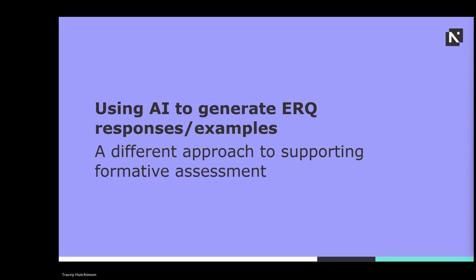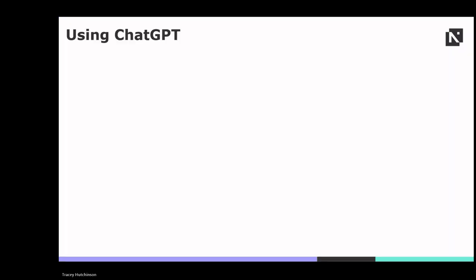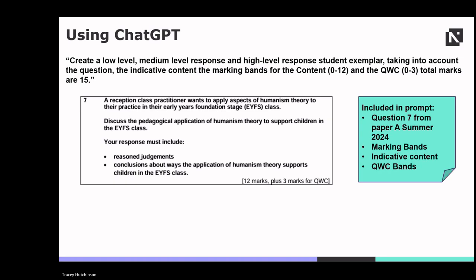In this example, we use ChatGPT to generate 3 exemplar responses, a low, medium and high level, based on a specific question, in this case from the Education and Early Years paper around applying humanism theory in the early years foundation stage.